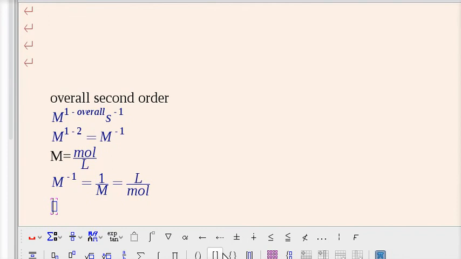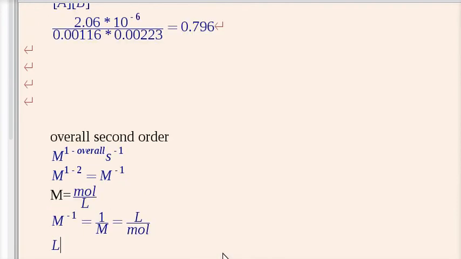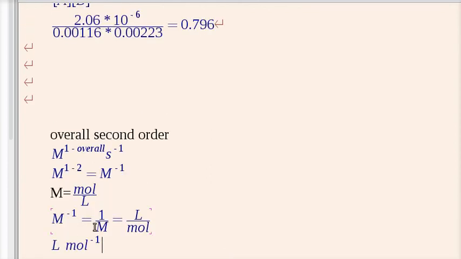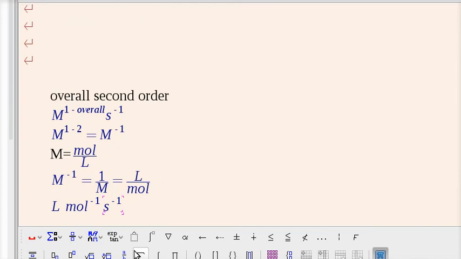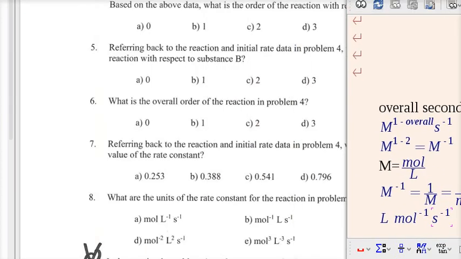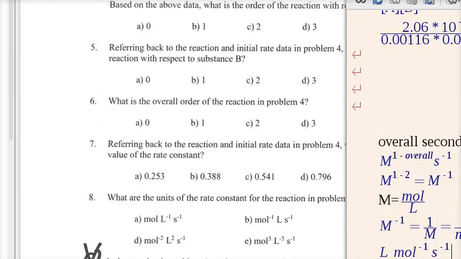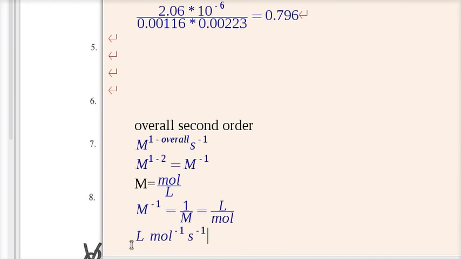Now that's important because that's actually what you're going to have, liters times moles to the negative 1, which is not terribly intuitive. Oh, let me tack on the seconds. The answer is right there, B, because of this algebra. Okay.